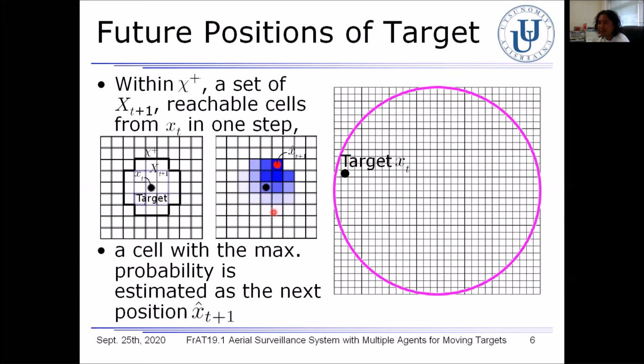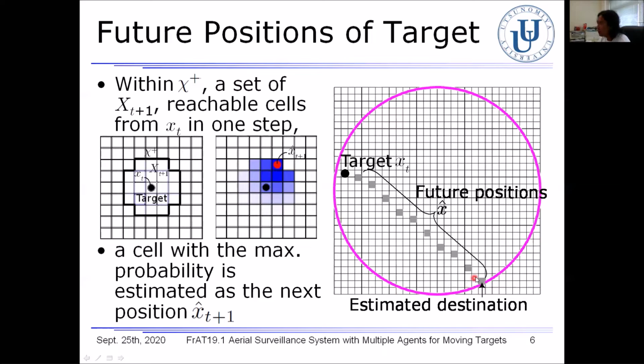So by repeating the calculation, the future positions of the target are gradually estimated. Finally, the target reaches a candidate cell here, for example. So a series of the positions is the estimated future positions of the target, x hat t. Moreover, when the estimated future position of the target reaches a candidate cell, this cell here is the estimated destination.